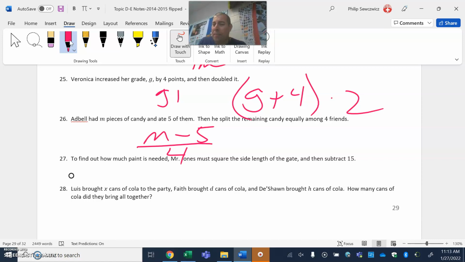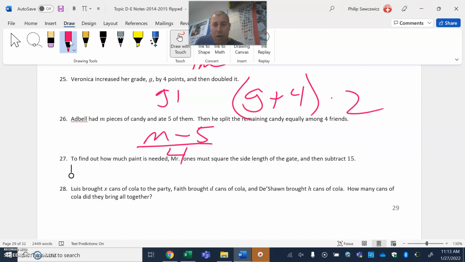Let's look at 27. To find out how much paint is needed, Mr. Jones must square the side length of the gate and then subtract 15. They didn't tell us what letter to use here. They did tell us that it's the side length of the gate. So we get to choose our own letter.